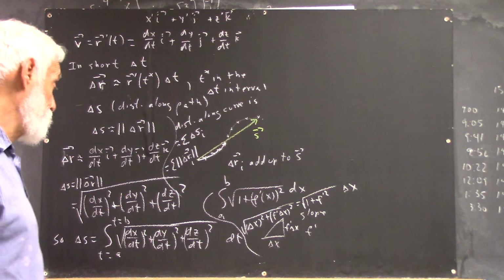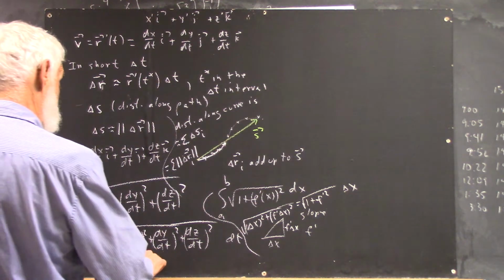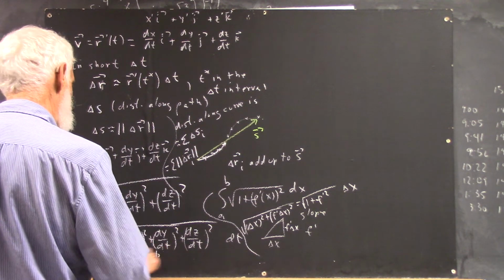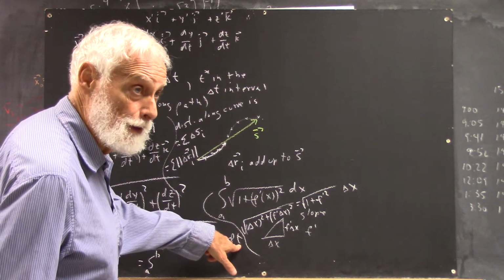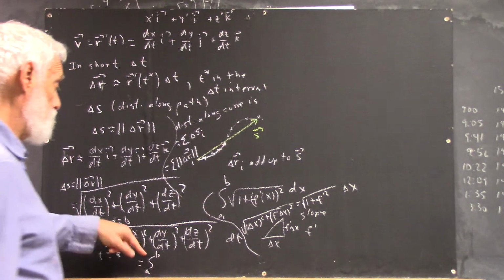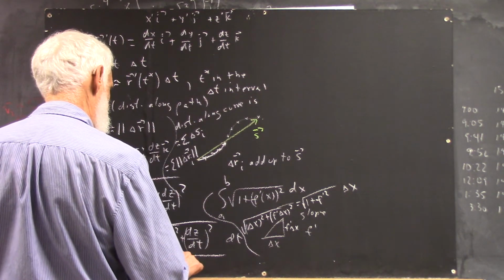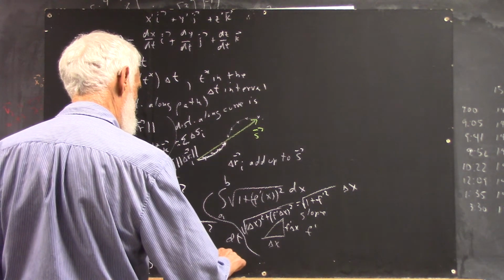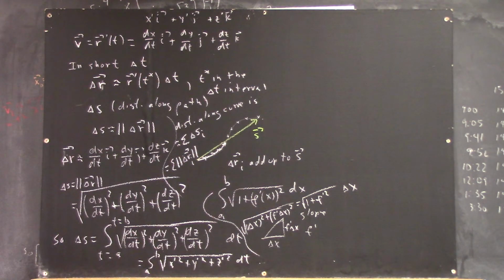Now, for many curves, you can't do the integral. You have to approximate it, but, and of course, this would be the integral from a to b. We don't really have to write t equals a to t equals b since we're specifying dt out here, right? Just wanted to emphasize it here. So I'm just going to write integral from a to b of the square root of x prime squared plus y prime squared plus z prime squared. Okay?